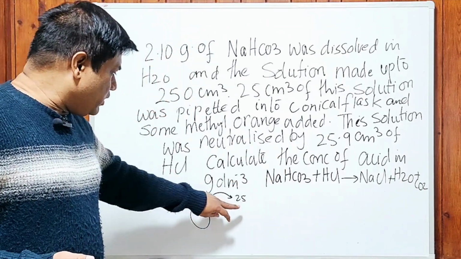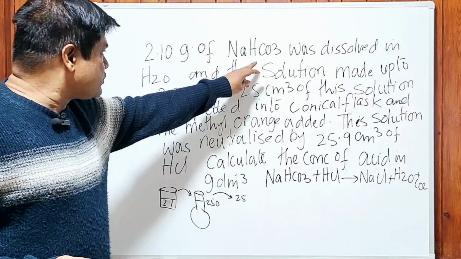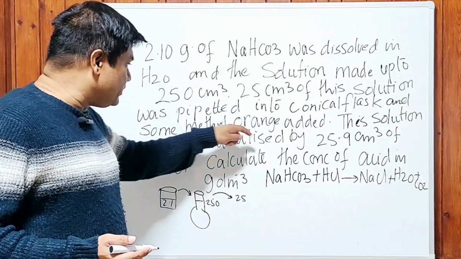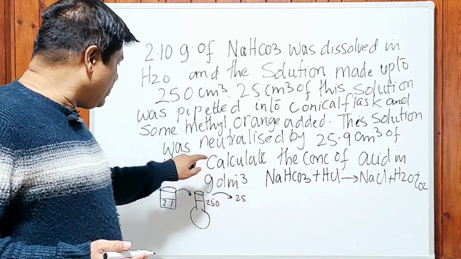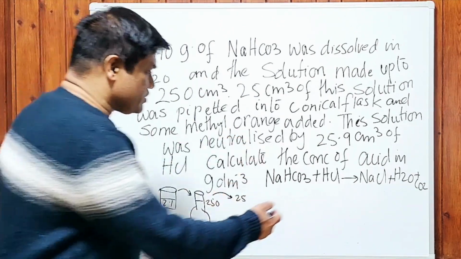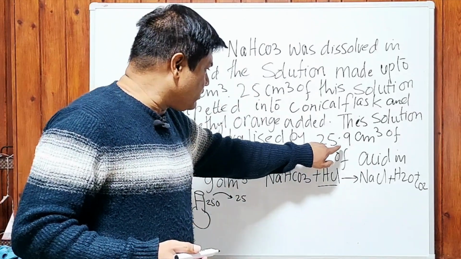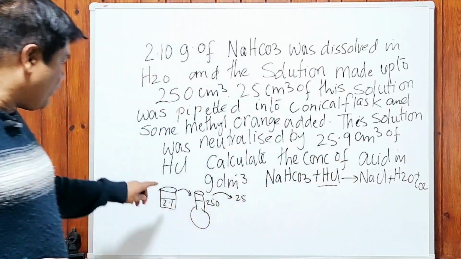Now, in the conical flask, he added this 25 centimeter cube of sodium hydrogen carbonate and methyl orange. Now he titrated this with acid, hydrochloric acid, and he got a titre volume of 25.9 centimeter cube of acid.